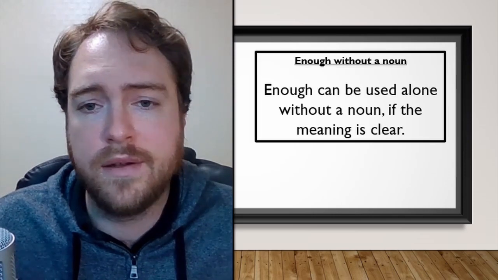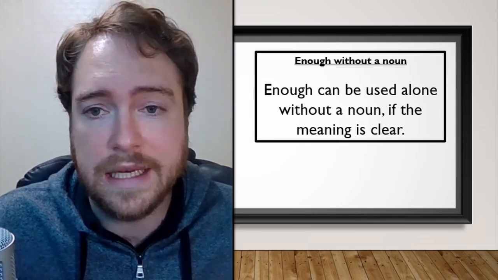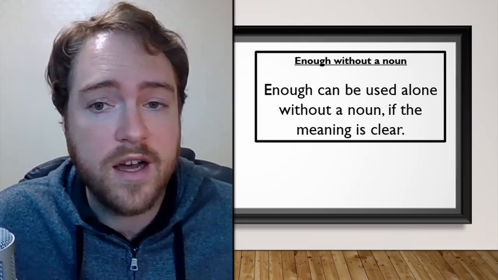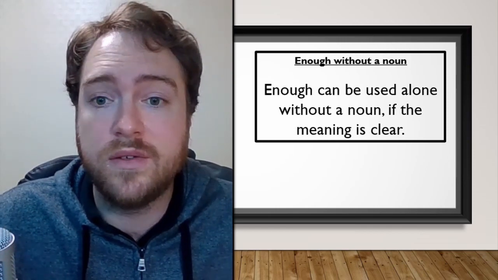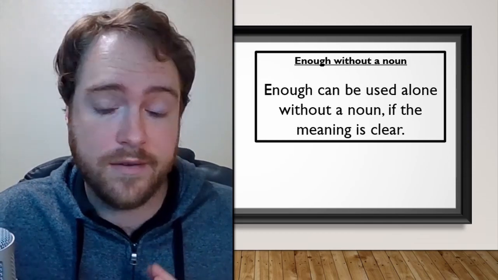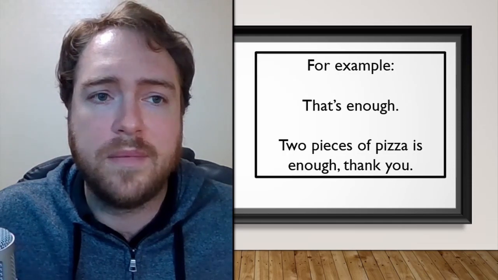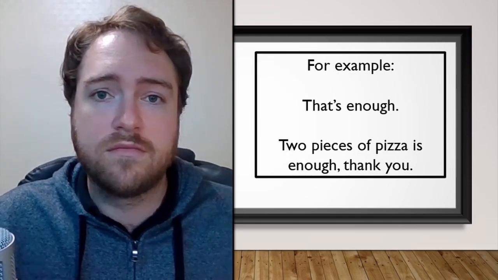All right, and this is actually very common in spoken English, and that is using the word enough without a noun. Okay, enough can be used alone if the meaning is clear. Okay, so let's see some examples of this. For example, sometimes someone might say, that's enough.